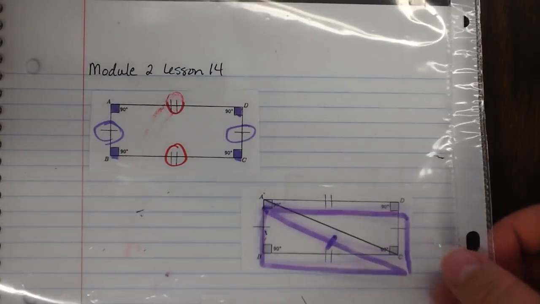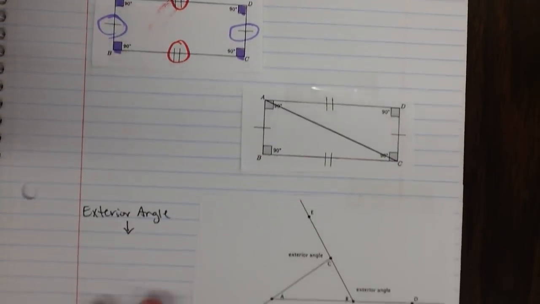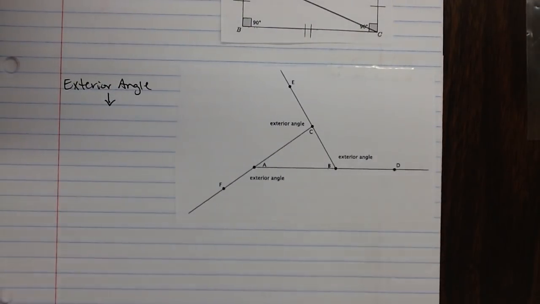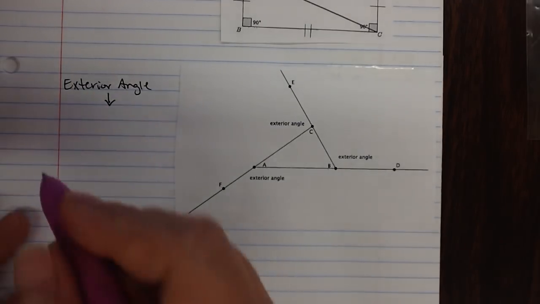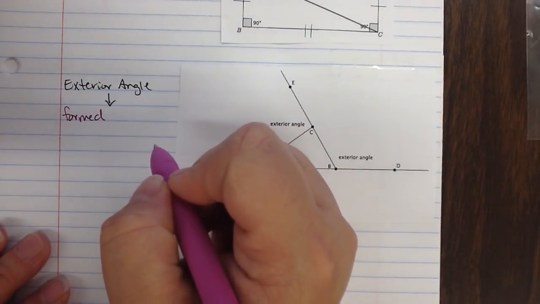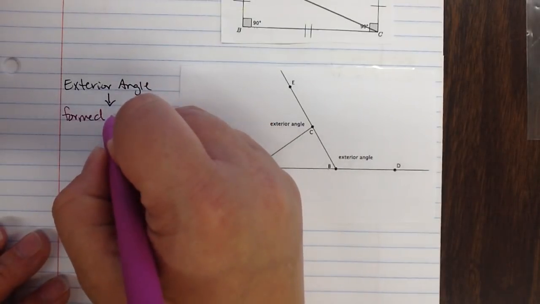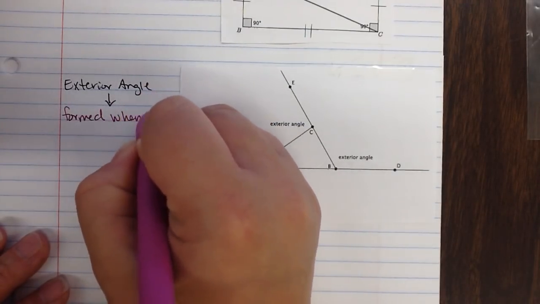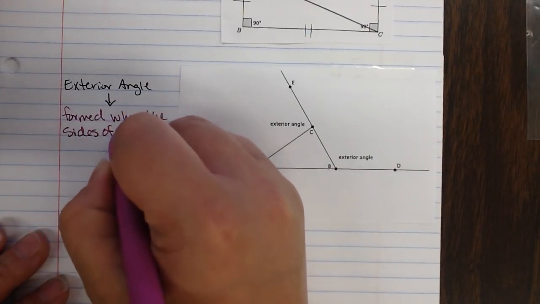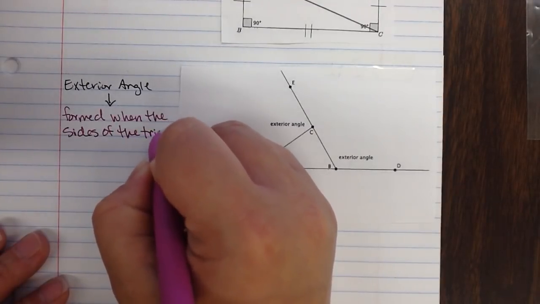Okay, we're going to look here now at this example: exterior angles of a triangle. An exterior angle of a triangle is formed when the sides of the triangle are extended.